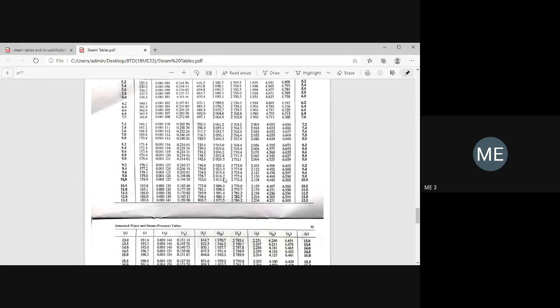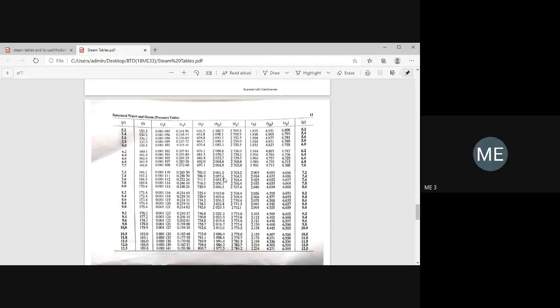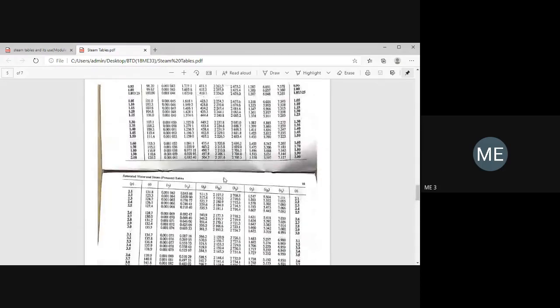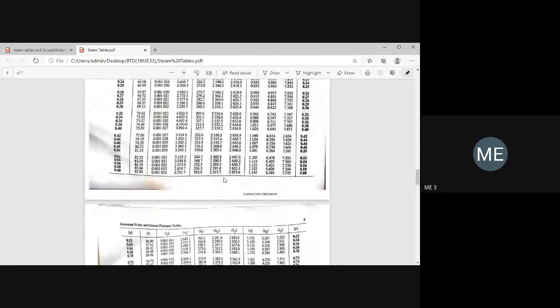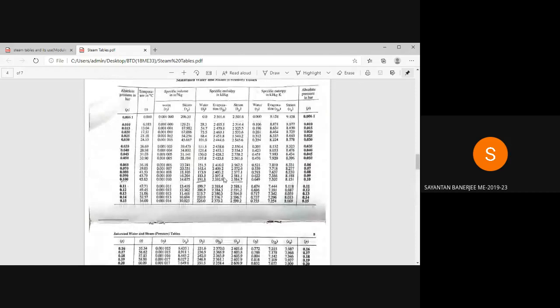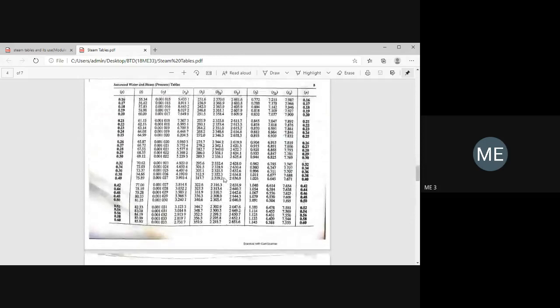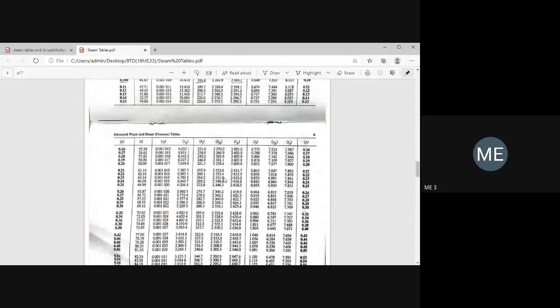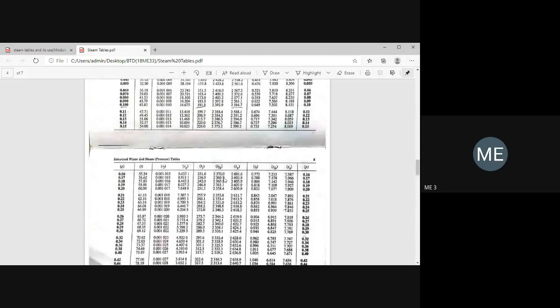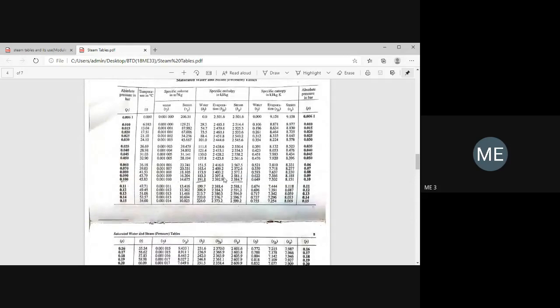What is the formula for entropy? Heat by temperature. Ds is dq by T, right? Yes, sir, that is correct. It is specific entropy. For a general entropy, the unit is kilojoules per Kelvin, dq by T. If it is specific entropy, you have to take it per mass, per mass. That is kilojoules per kg Kelvin.